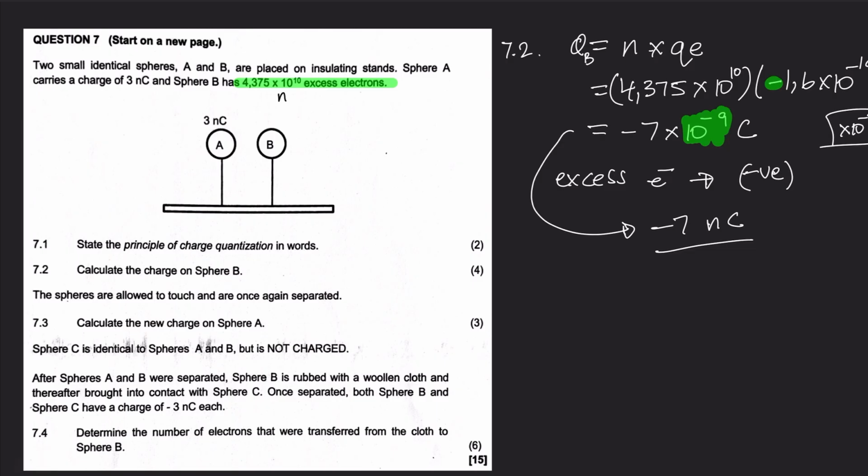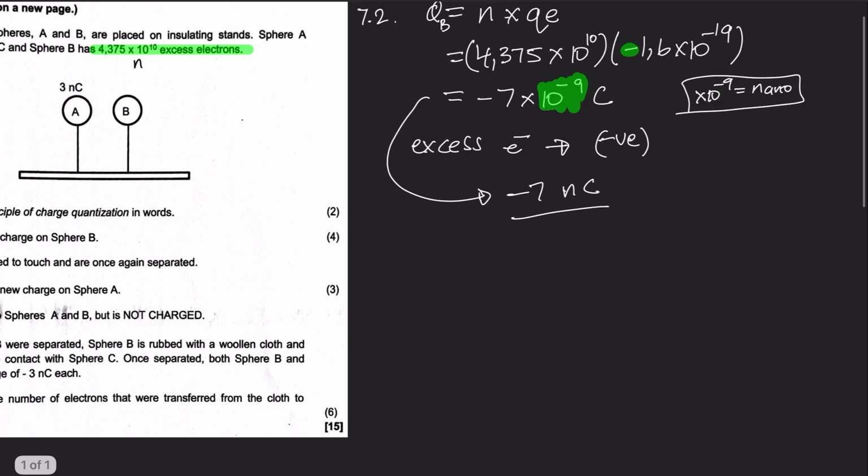Next, they tell us the spheres are allowed to touch and are once again separated. Calculate the new charge on sphere A. Okay, so when we're dealing with questions of charges touching, there's one simple equation that we use, and the equation is Q equals Q1 plus Q2 over 2.